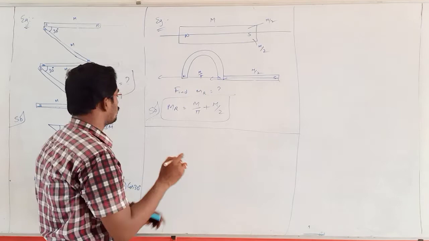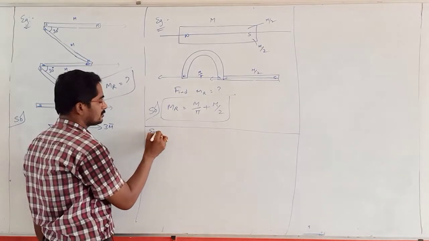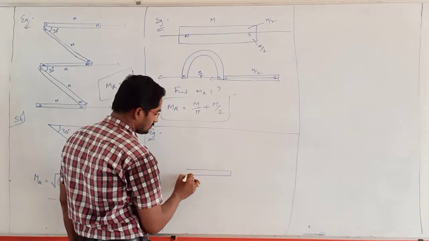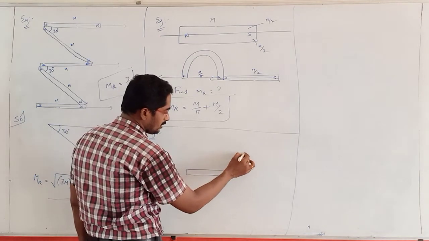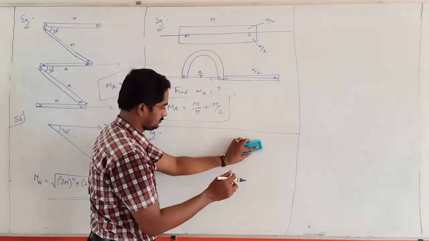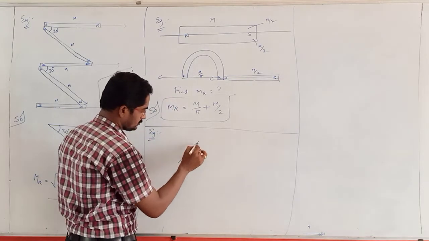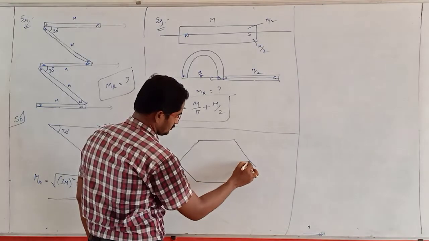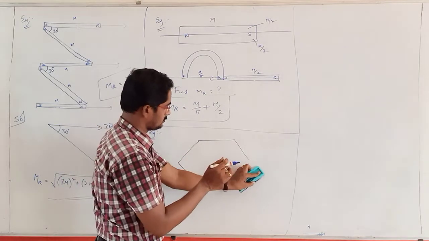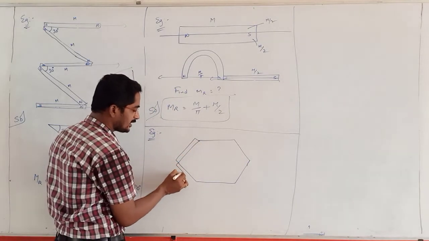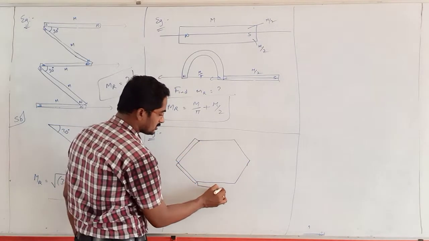Now, one good example we are going to see here. Six magnets are arranged in the shape of a regular hexagon.